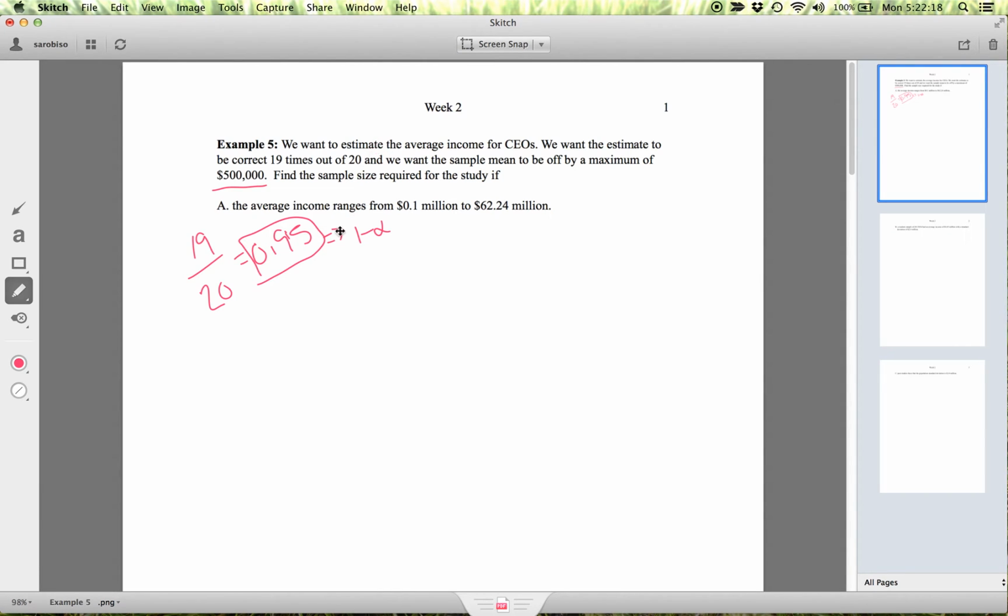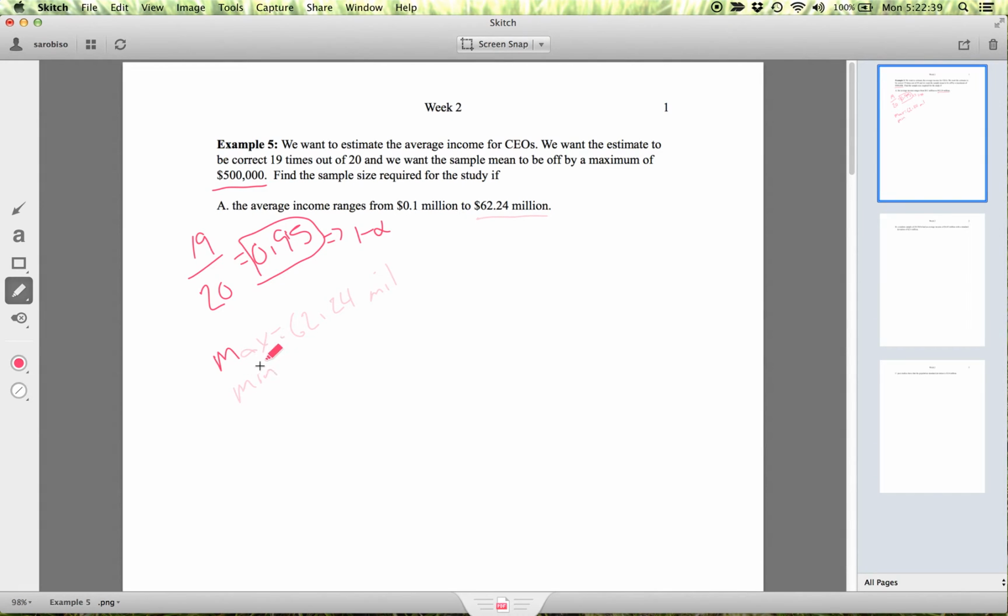Some other things that we've got here: the max allowable range, the max here it says is 62.4 million.